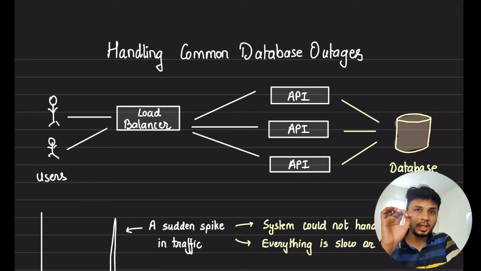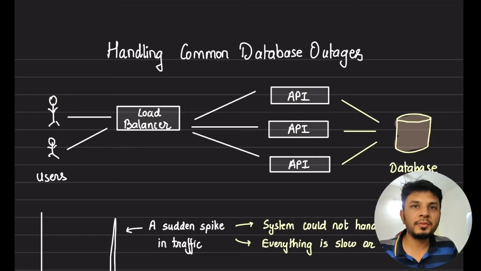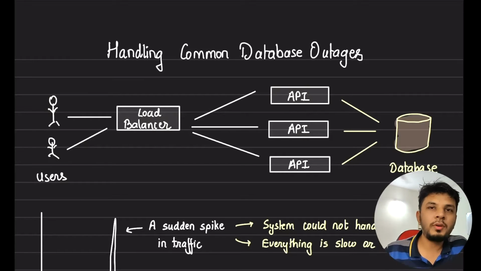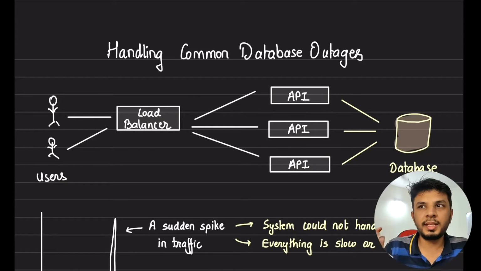Here, one very peculiar thing, if you look very carefully, is we have taken care of scaling of our API servers. For example, if today we have two users, and if we only had one API server, then that would have worked fine.